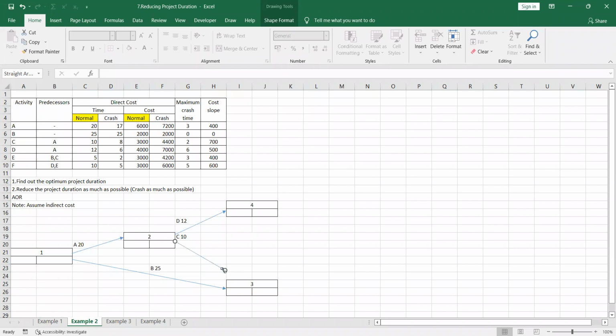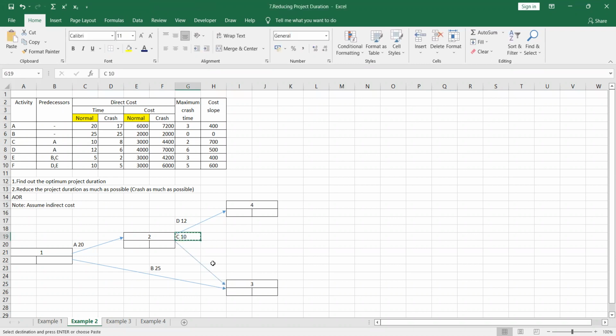For the B and C, we can make it like this. This is 3 and this is 4.